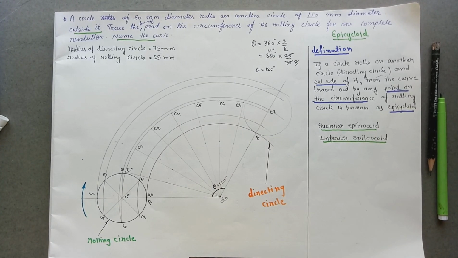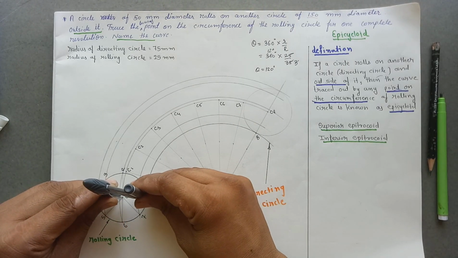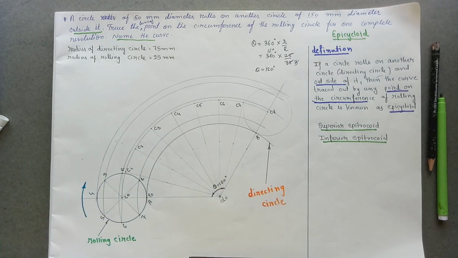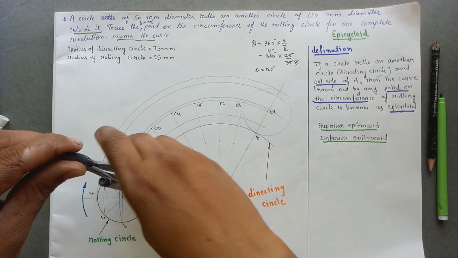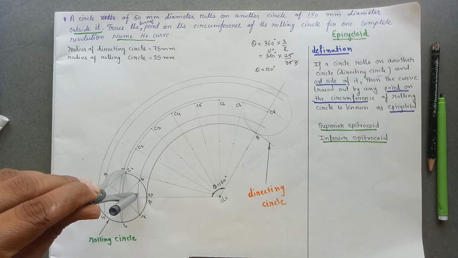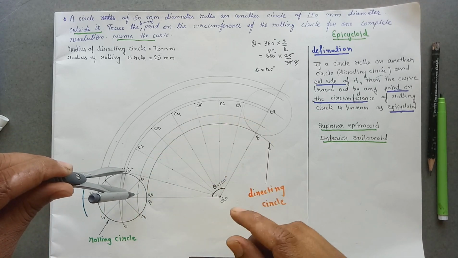Now after drawing these arcs, measure C0 to P0. Put your roundel on C1 and give an arc on the arc passing from the first point of the circle.